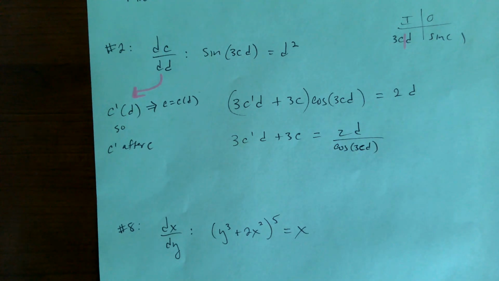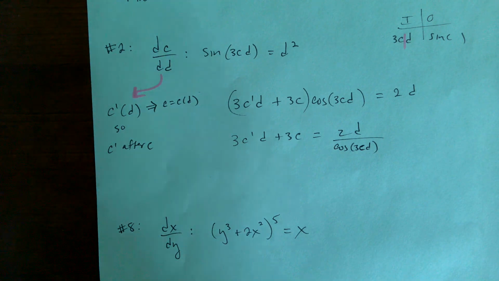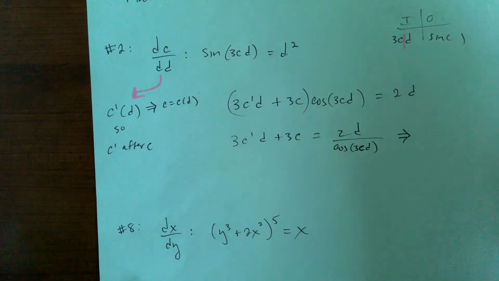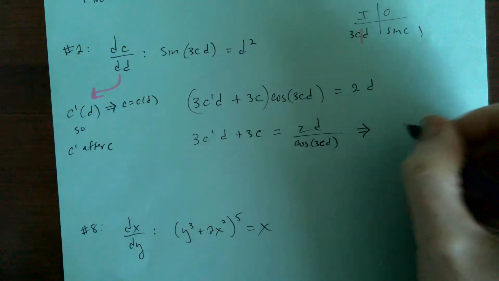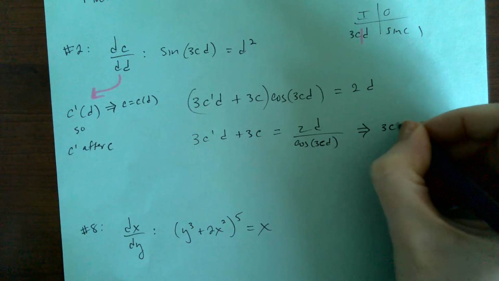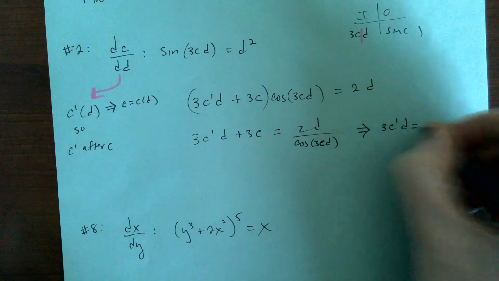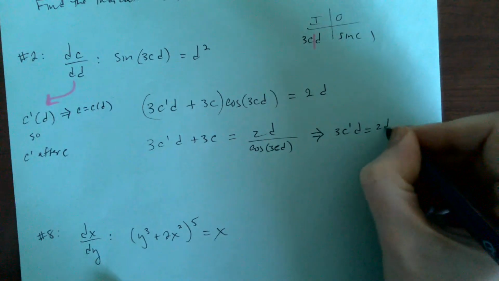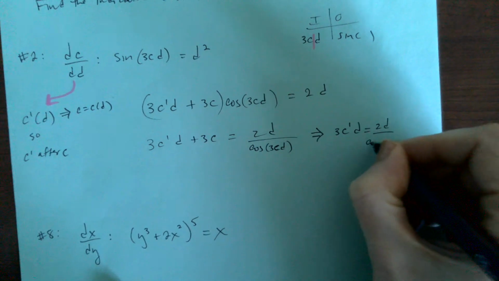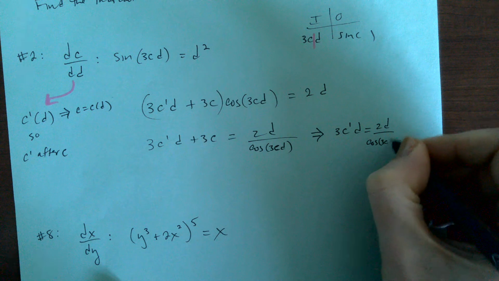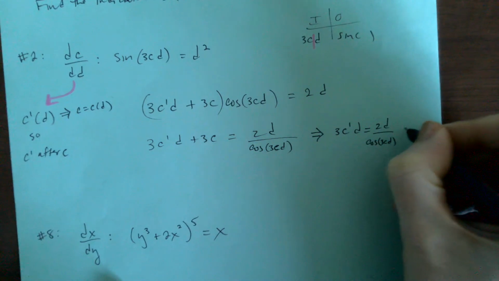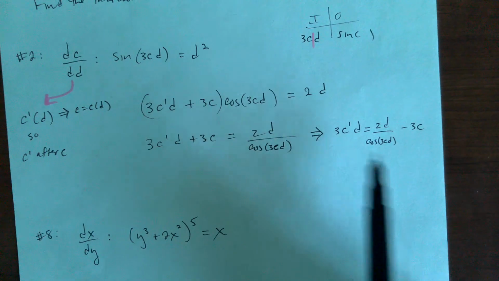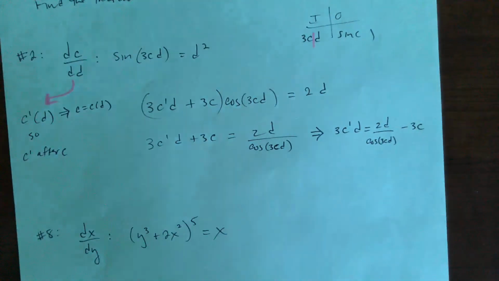Then I will subtract the 3c from both sides. So I get 3c prime d equals, and this is just algebra, 2d over cosine of 3cd minus 3c. And then I'm going to divide that whole thing by 3d.